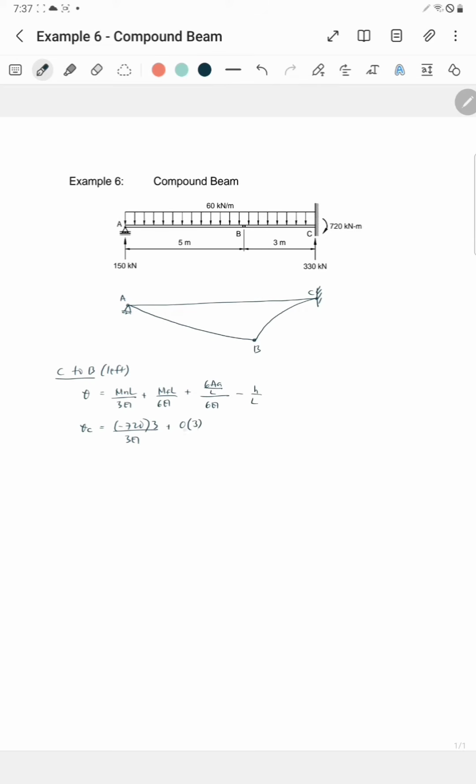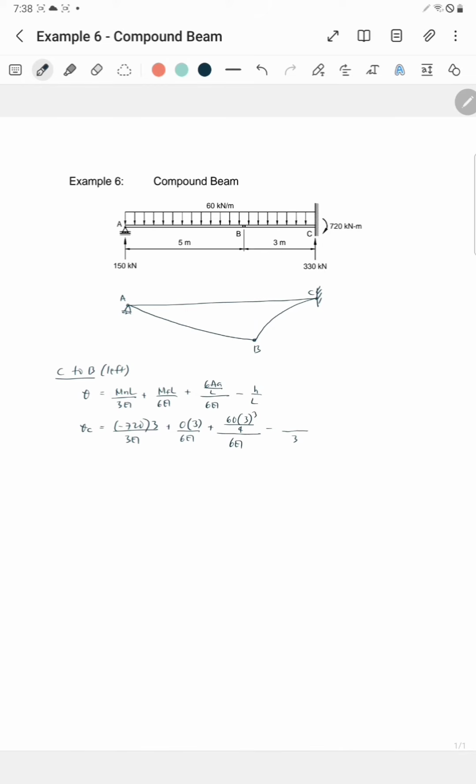The length is 3 over 6 EI, then plus 6 A A-bar over L. The load from C to B is uniform load, and recall, formula for 6A over L for uniform load is W L cube over 4, then all over 6EI, then minus H over L.